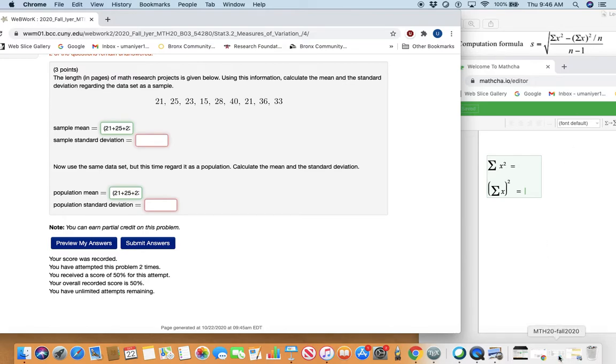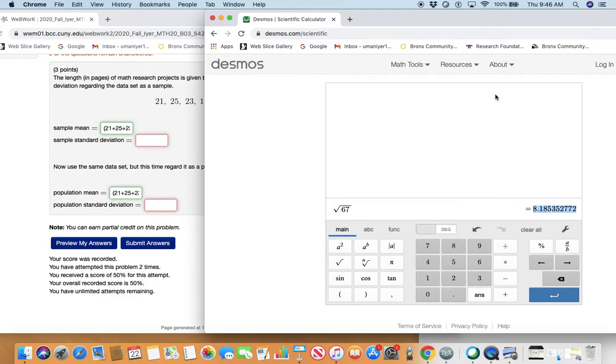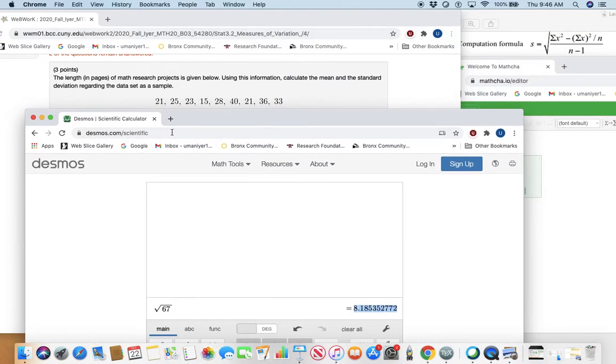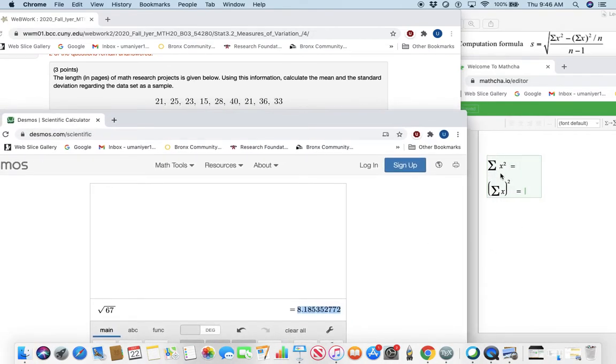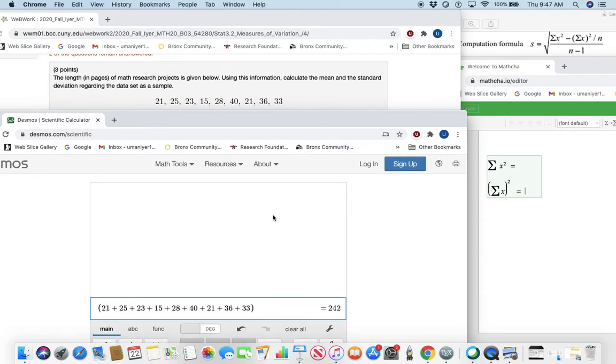So let's pull up our calculator. I need first the summation of x squared, so let's see, 21 plus 25 plus 23 plus 15 plus 28 plus 40 plus 21 plus 36 plus 33. Okay, and I'm going to take power 2.